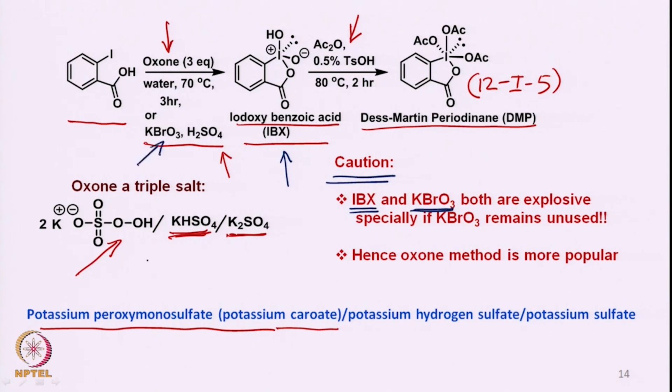If we use oxone, then there is no problem, but if we use potassium bromate, then both IBX and KBrO3 are explosive, especially if KBrO3 remains unused. So, it is a little tricky and dangerous if one uses KBrO3. However, still people do use it, but it is recommended that the oxone method is used for preparing this particular Des-Martin periodinane reagent.